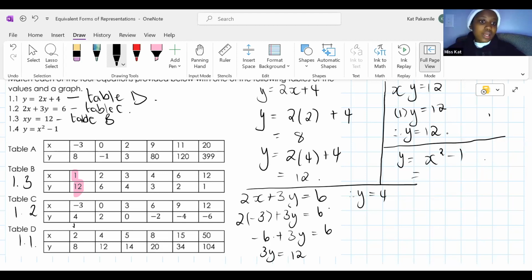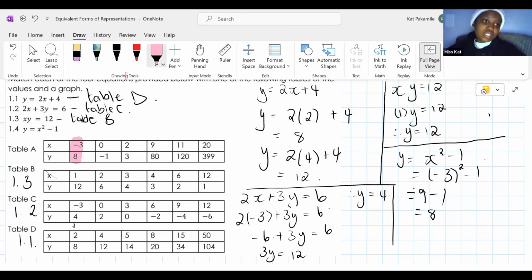I'm going to choose an input of -3. -3 squared minus 1 equals: -3 times -3 is +9, minus 1, which is 8, and that is indeed the output we want for table A, because when you input -3, you get 8. So therefore, 1.4 corresponds with table A. Are we with me?